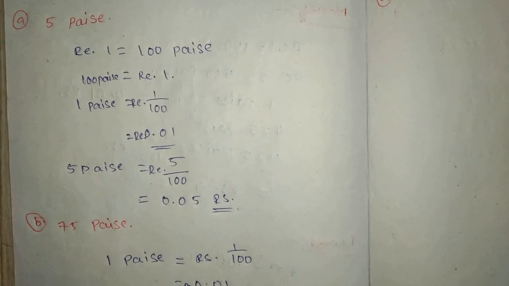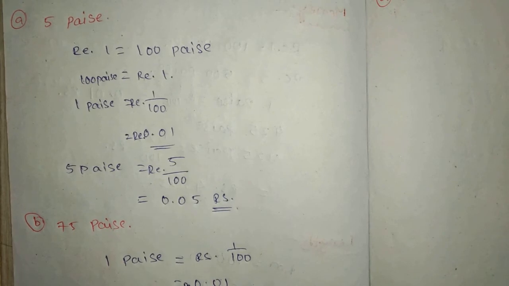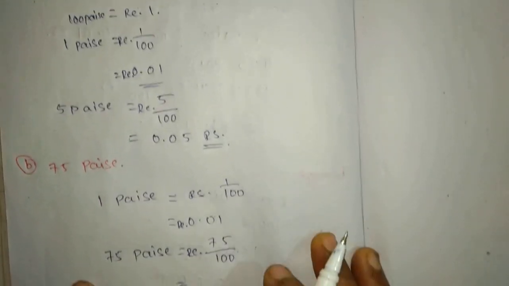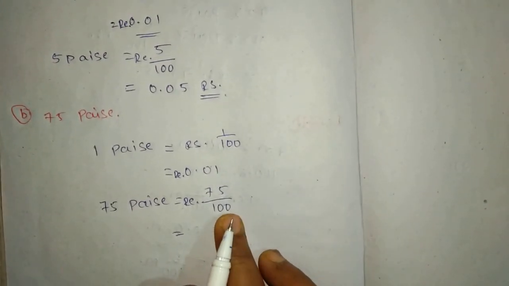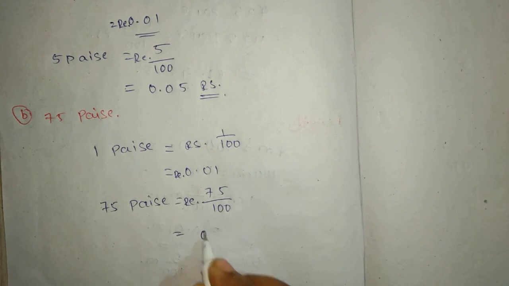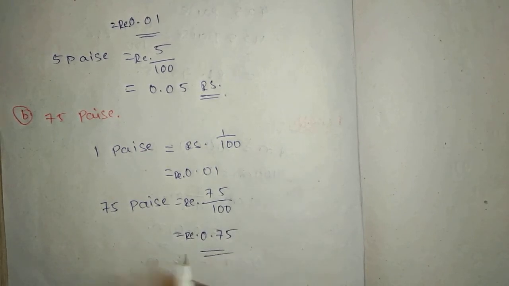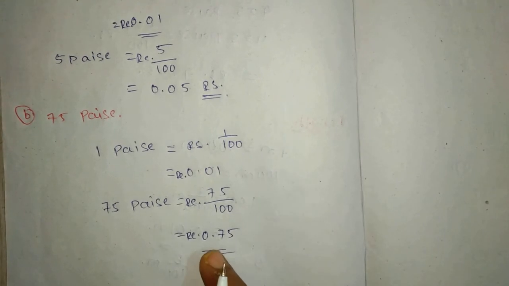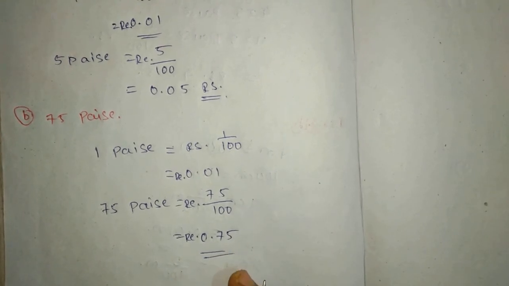Similarly, 75 paise is equal to 75 by 100 rupees. This can be written as 0.75 rupees. Therefore, 75 paise is equal to rupees 0.75.